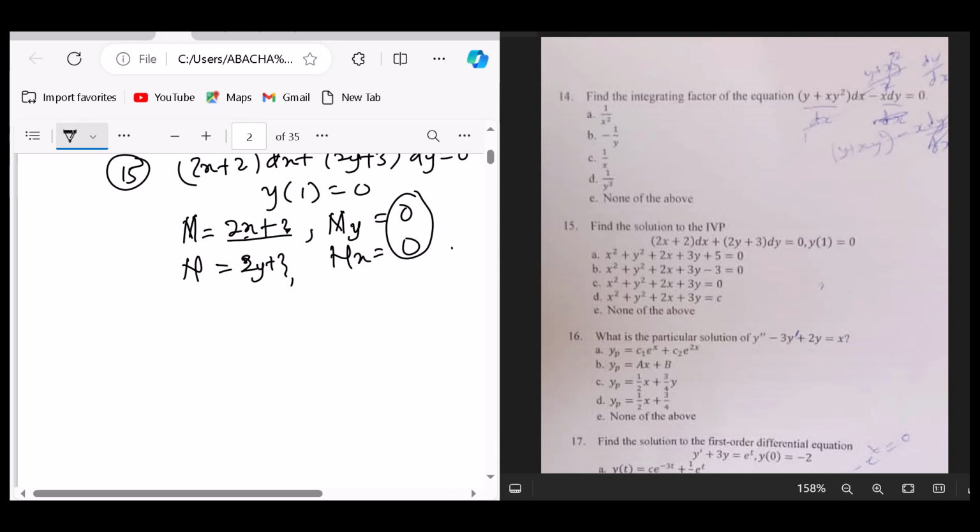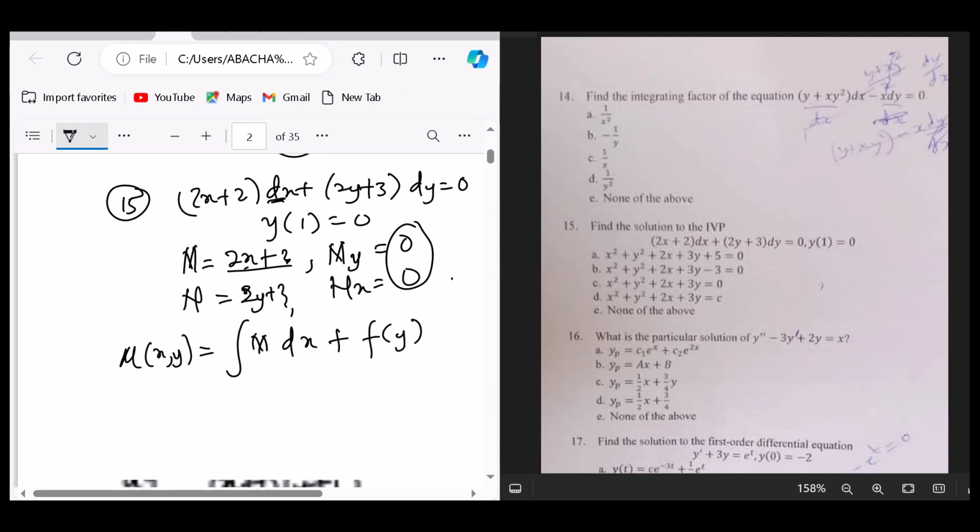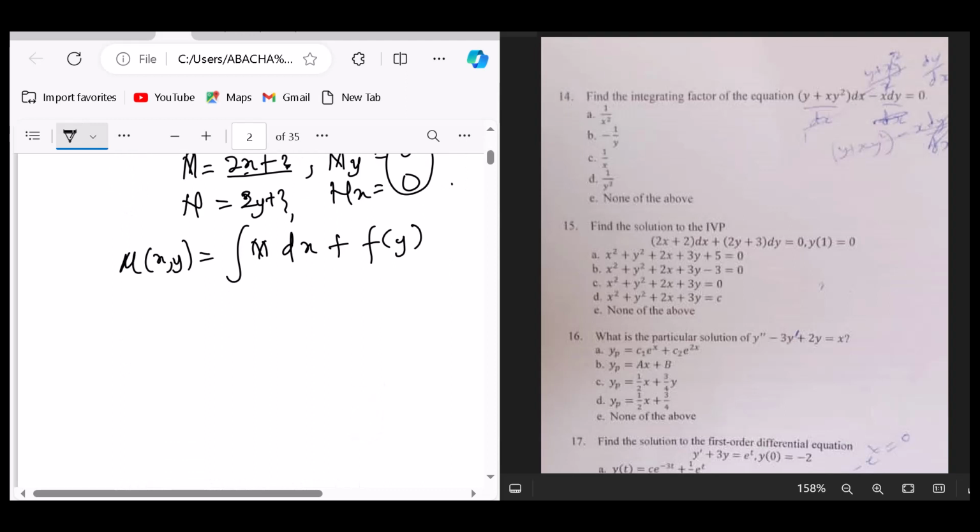The solution can be written as u(x,y) equals the integral of M dx, because M was differentiated with respect to x, so we integrate with respect to x to get the original thing from which it was differentiated, plus f of the other variable, f(y).